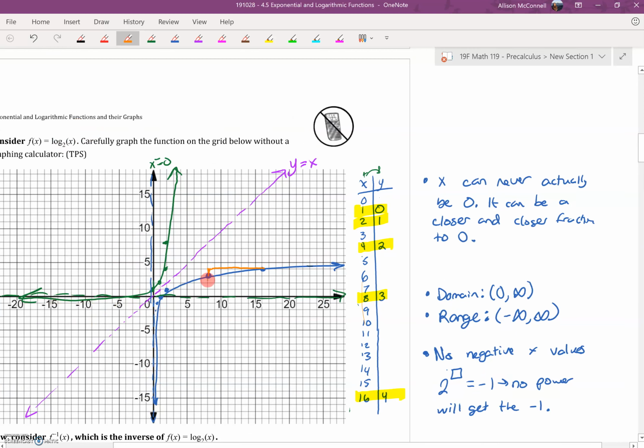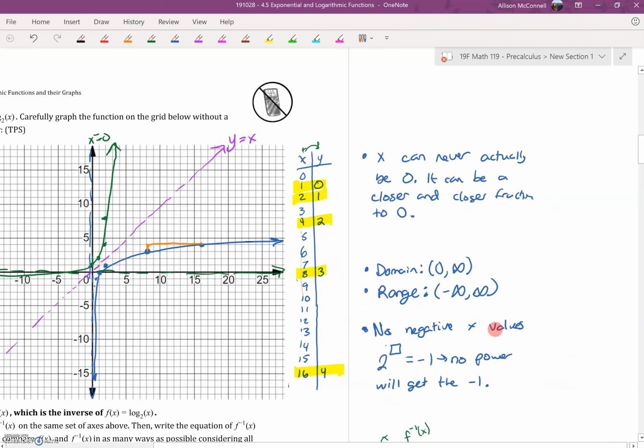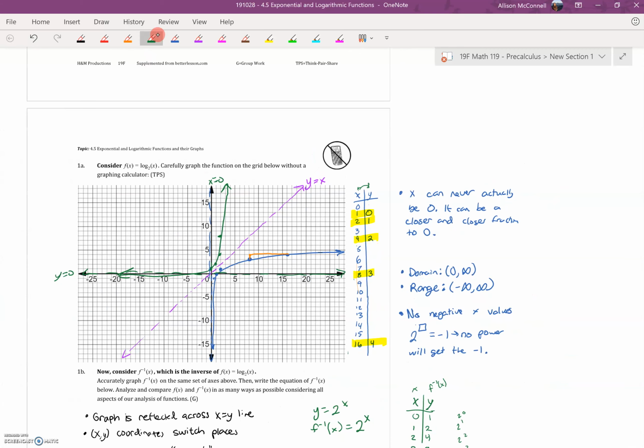So the domain is from 0 to infinity, whereas in the exponential function, you could input any x value, and the range ended up being restricted. We had a horizontal asymptote at y equals 0 in the exponential function, and so our range became restricted. So again, we see that x and y values are switching places from one function to its inverse.